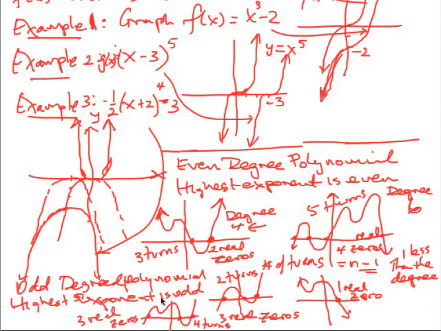And so you can see here how this follows a pattern according to whether we have an odd degree polynomial or an even degree polynomial. But at the end of the day, we see that in both cases the number of turns is 1 less than the actual degree. And I should point out that there are at most n minus 1 turns, so we can't have any more than that.